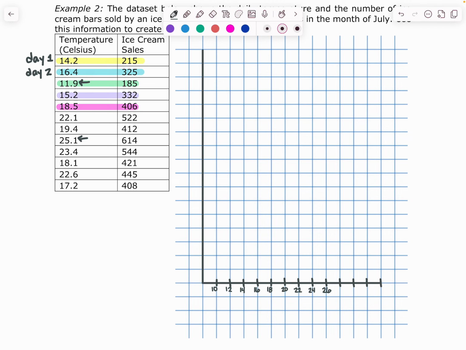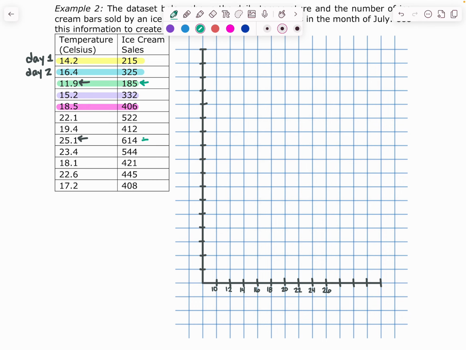And then I'm going to do the same thing for the y-axis. 1, 2, 3, 4, 5, 6, 7, 8, 9, 10, 11, 12, 13, 14, 15, 16, 17. Looking at the ice cream sales, the smallest one is 185 and the largest one is 614.